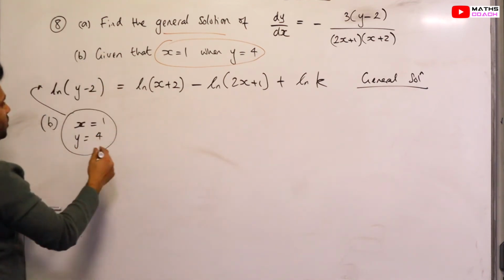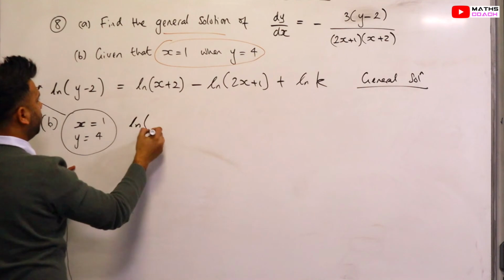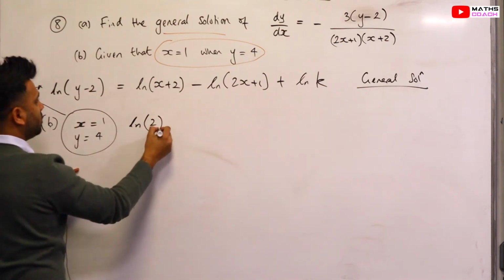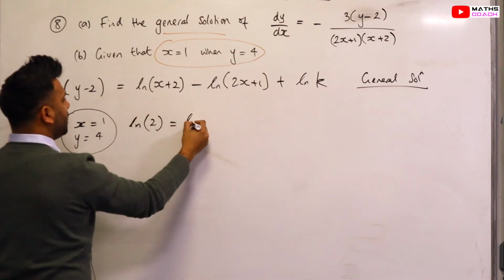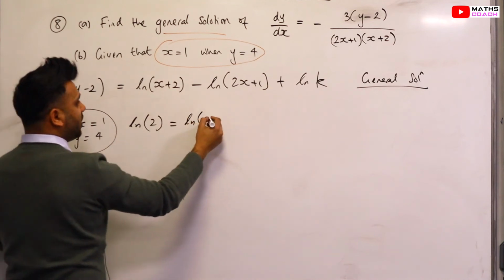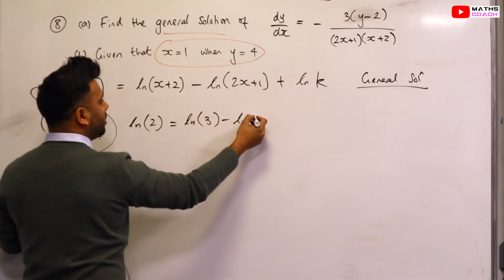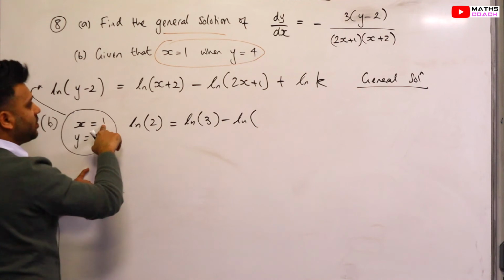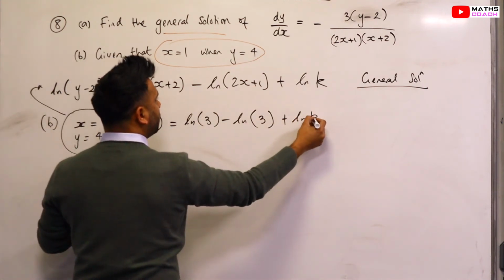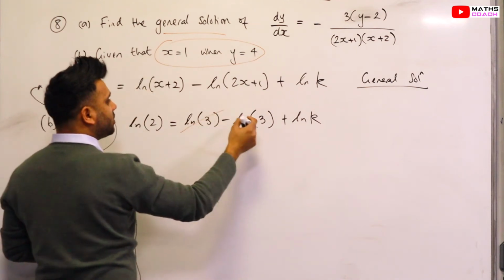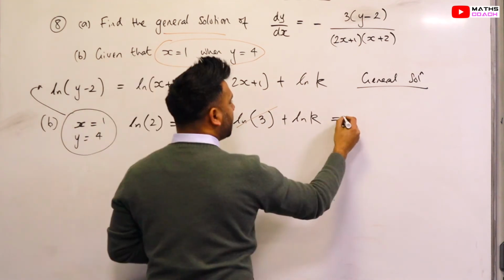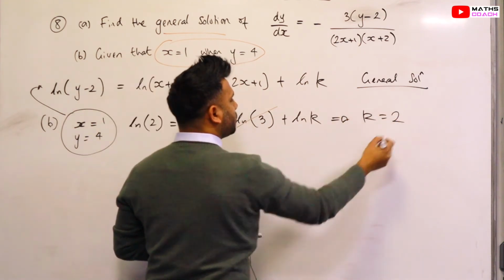So if we do that substitution, we get the ln of y minus 2, in other words 4 minus 2, which is 2, equals the ln of x plus 2, x is 1, 1 plus 2 is 3, minus the ln of 2x plus 1, so 2 times 1 is 2, plus 1 is 3, plus the ln of k. So here, the ln 3 cancels the ln 3 there. So in other words, ln 2 equals ln k. That gives us that k is equal to 2.